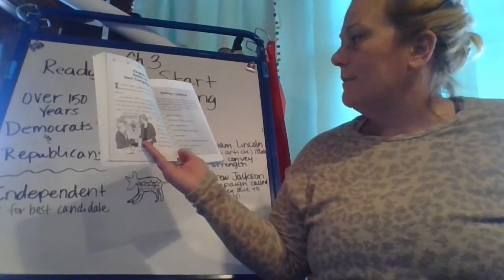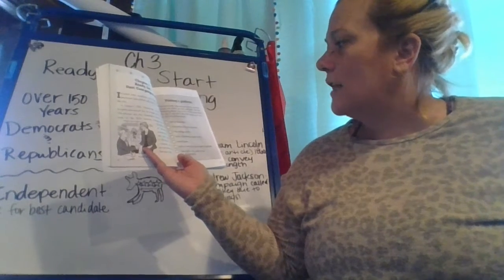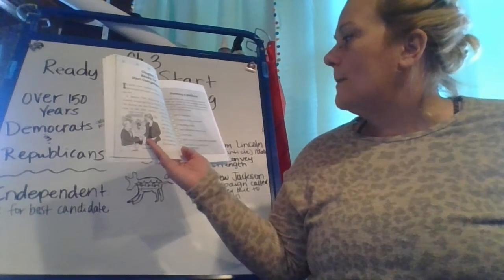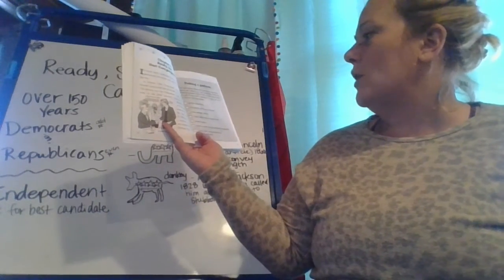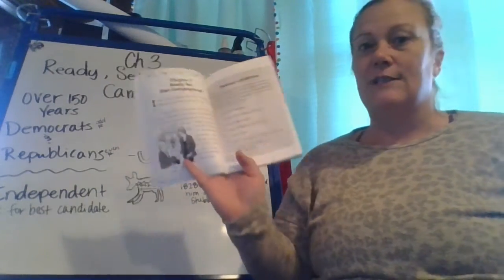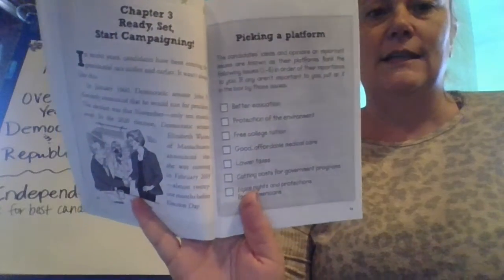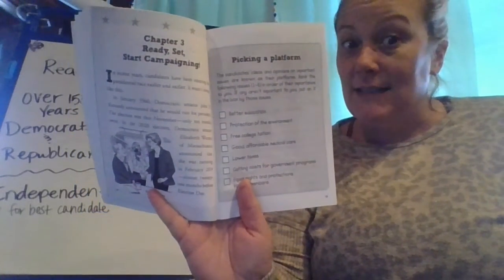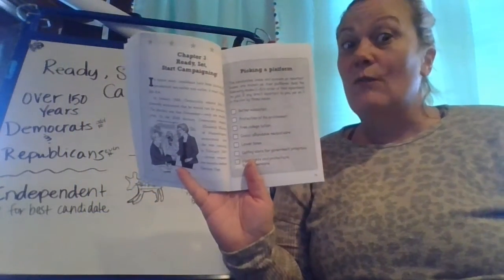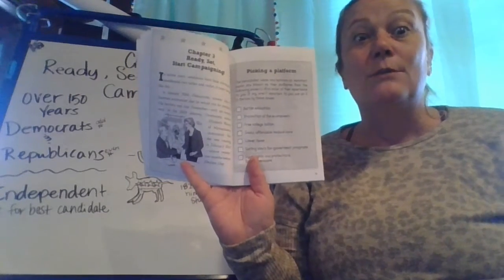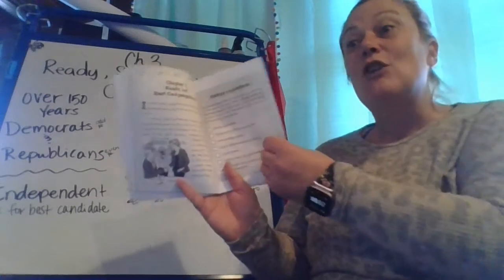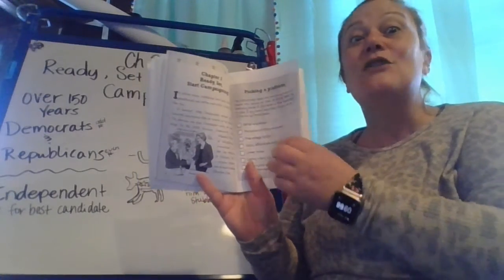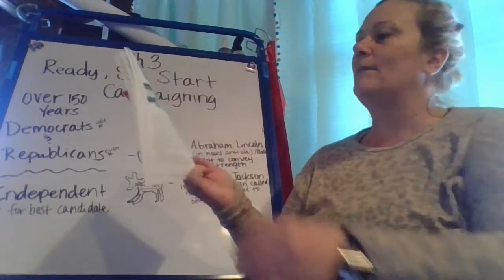Better education, protection of the environment, free college tuition, good affordable medical care, lower taxes, cutting costs for government programs, equal rights and protections for all Americans. So you can stop this, pause this, and you guys can choose from 1 to 6 what you think is the most important. This is a great opportunity to discuss it with your family. See if your ideas are the same as your family's ideas.